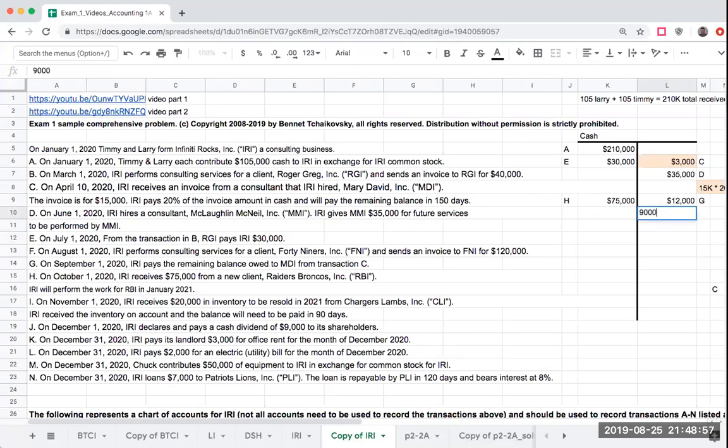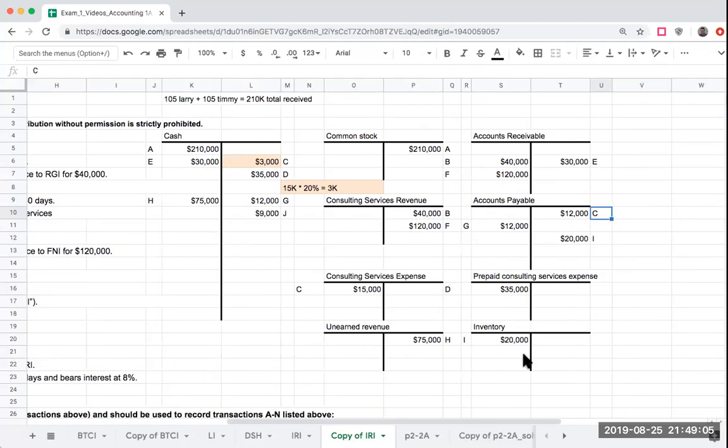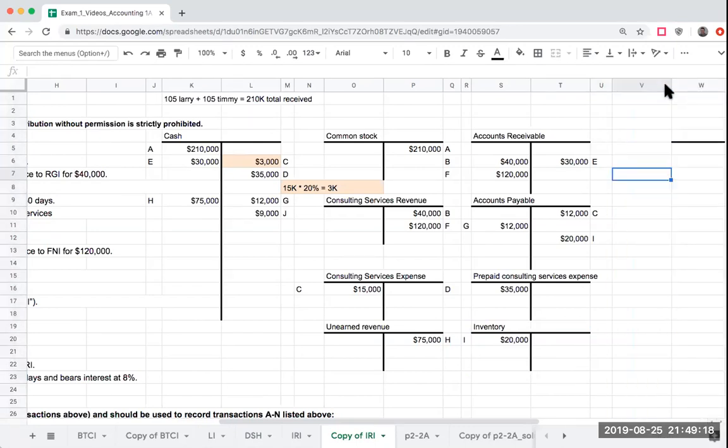Credit. So I'm going to show a decrease to cash with a $9,000 credit. For every credit, I need a debit. What account should I be using to record the debit? Dividends. You're absolutely correct, Miyoko. So I'm going to be debiting dividends.